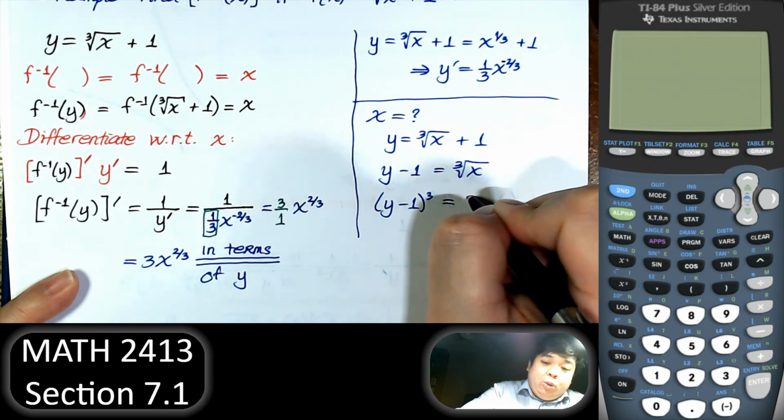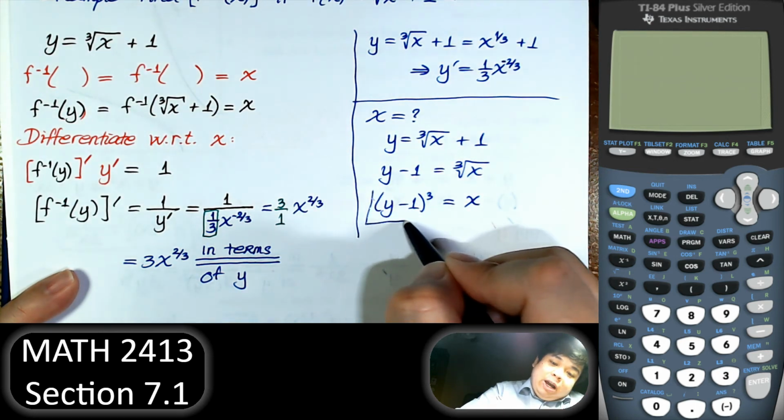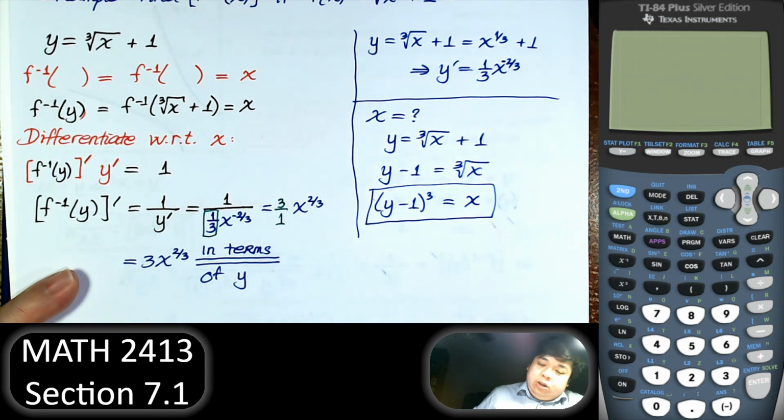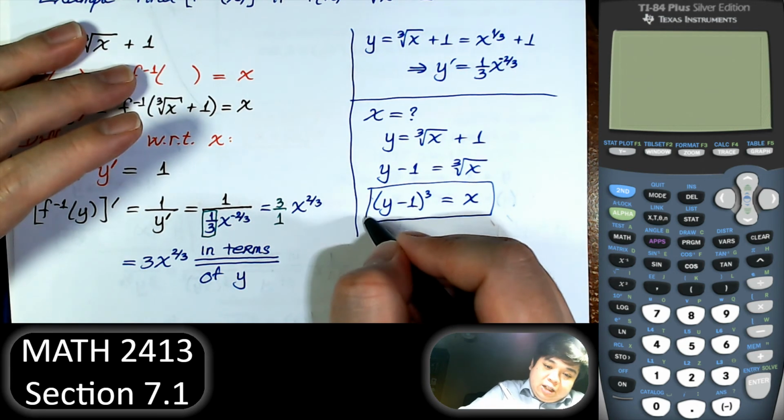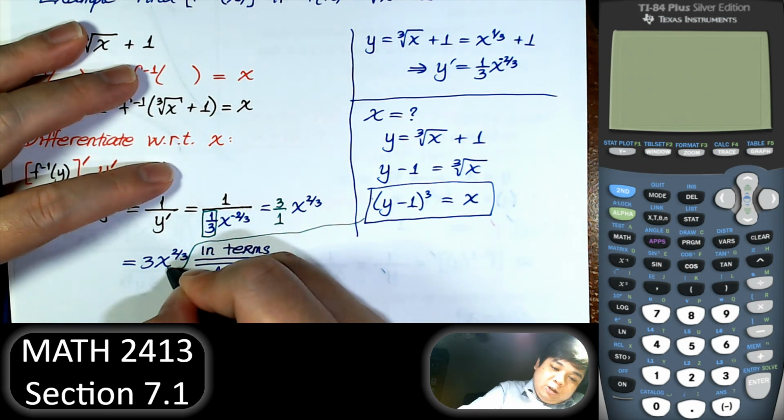When we cube both sides, we don't need to check the answer. So x equal to y minus 1 cubed. And I can substitute that into here.